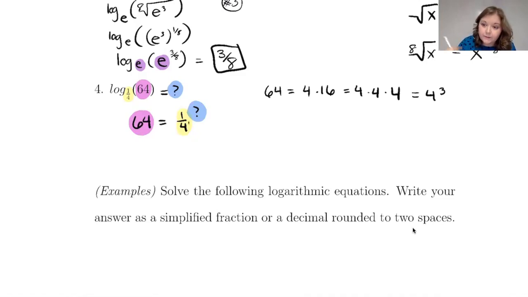What we can do is put the 4 in the top of the fraction as a -1 power. So the 64 becomes 4 cubed, and then 1/4 equals 4 to the -1. So we can write it as 4 to the -1 question mark.